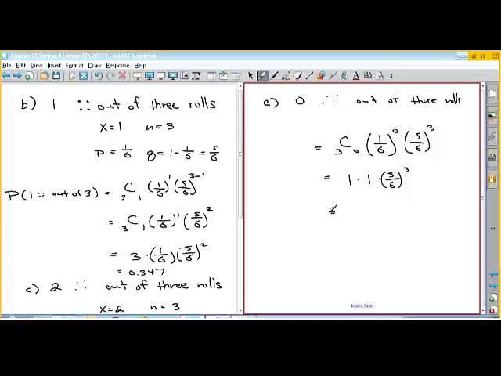So 5 divided by 6 raised to the 3rd power, oops, turn my calculator on, is 0.5787. So that's the probability of not getting any.